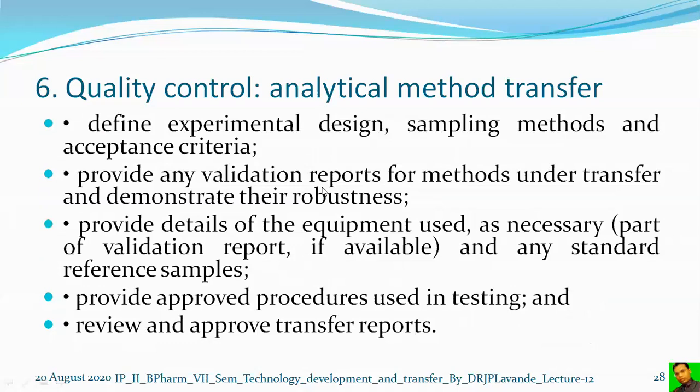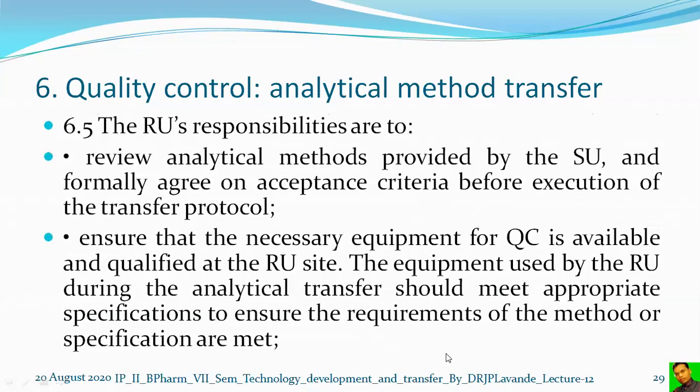They provide any validation reports for methods under transfer and demonstrate their robustness. They provide details of the equipment used as a necessary part of the validation report if available, and any standard reference samples. They provide approved procedures used in testing and review the approved transfer reports.